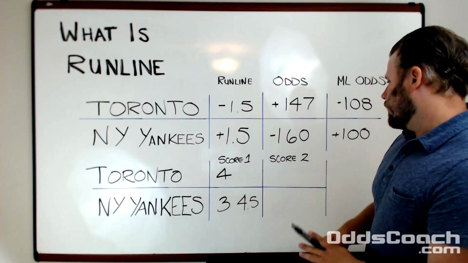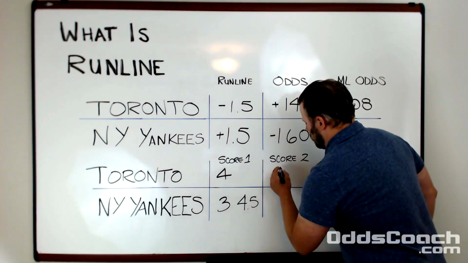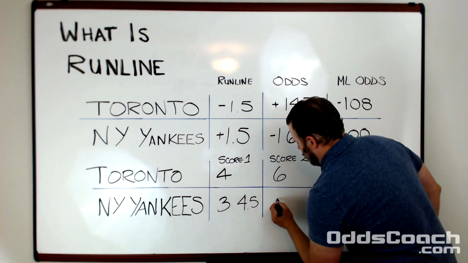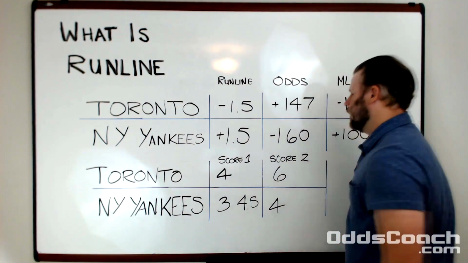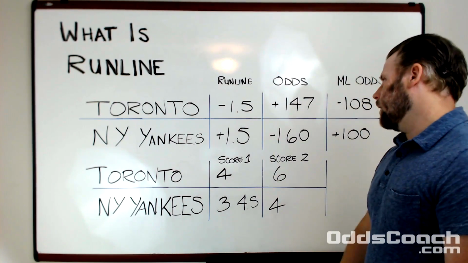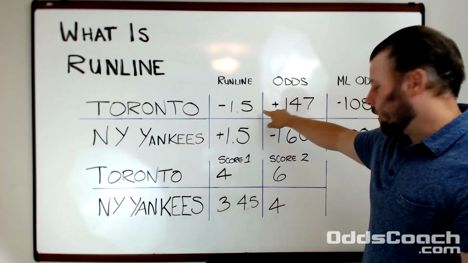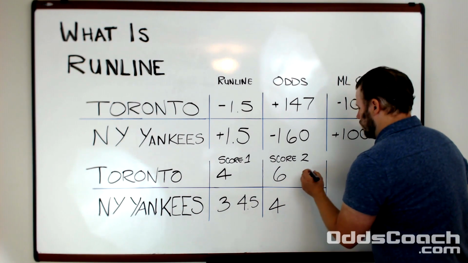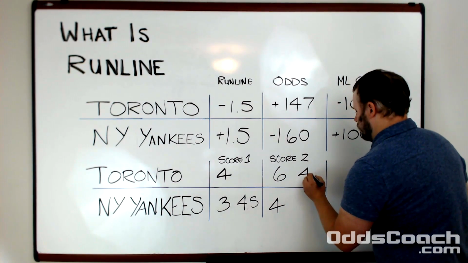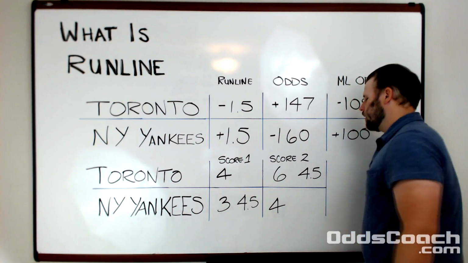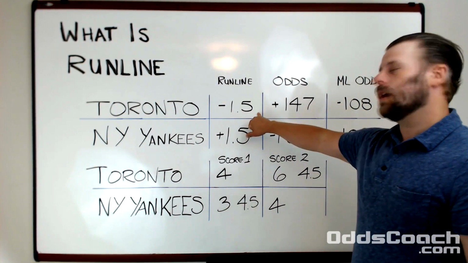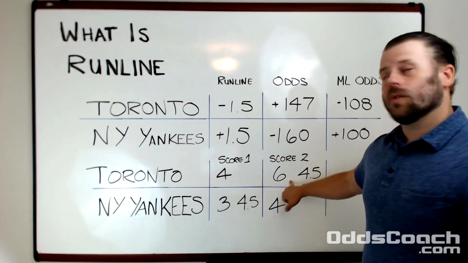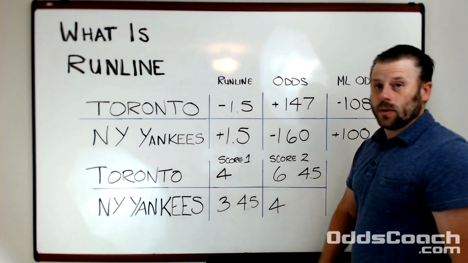Now, let's do another quick example. Let's say the outcome of this specific game was 6-4. In that case, minus 1.5 on the run line, your bet on the run line, 6 minus 1.5 is going to give you 4.5. Toronto is going to win your run line bet on a score of 4.5-4.